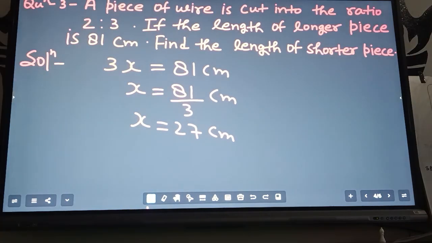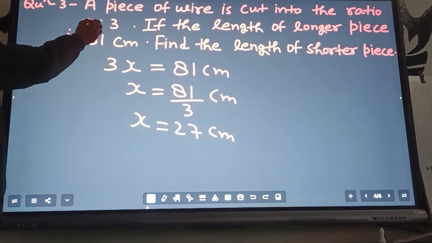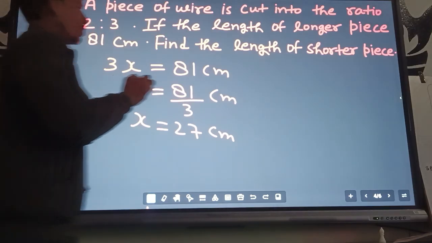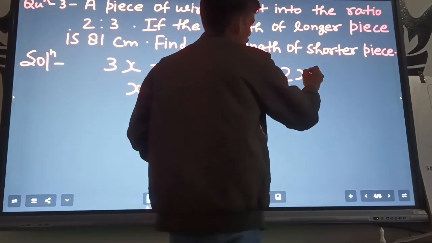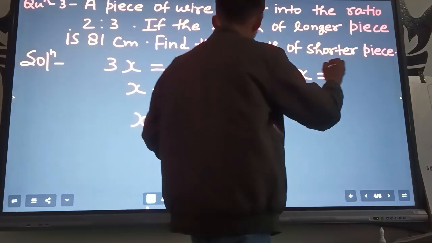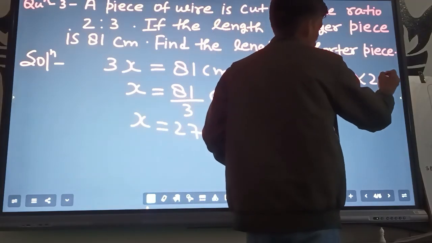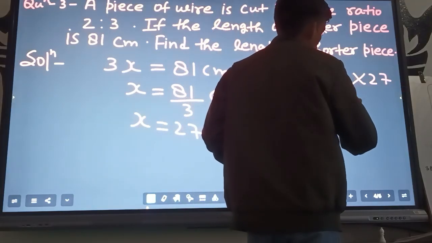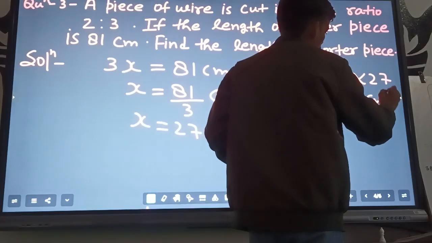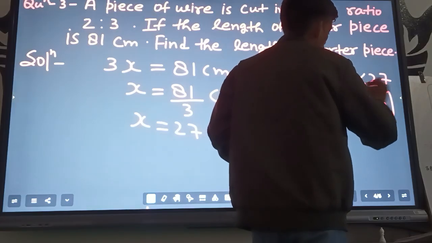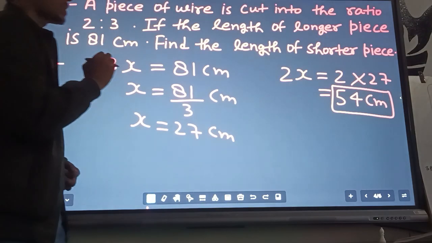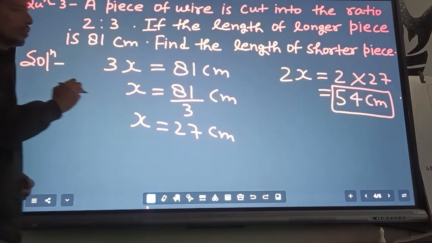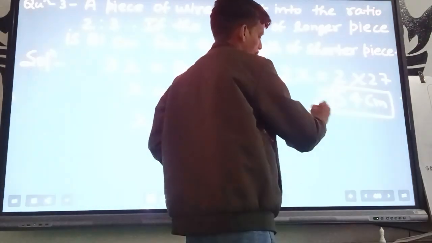Now the smallest piece is 2, so we will write 2x. So 2 into 27 is 54 centimeter. It is the value of the smallest piece, 54 centimeter.